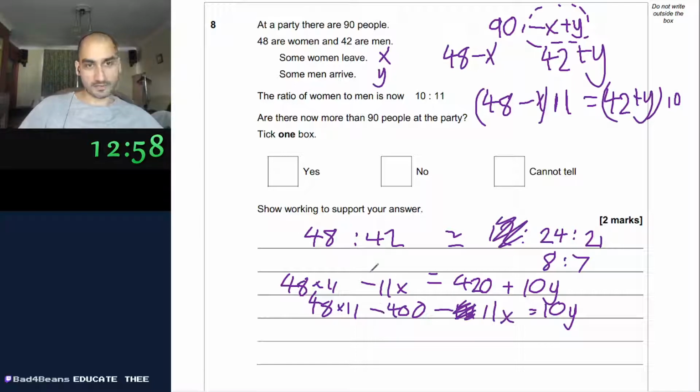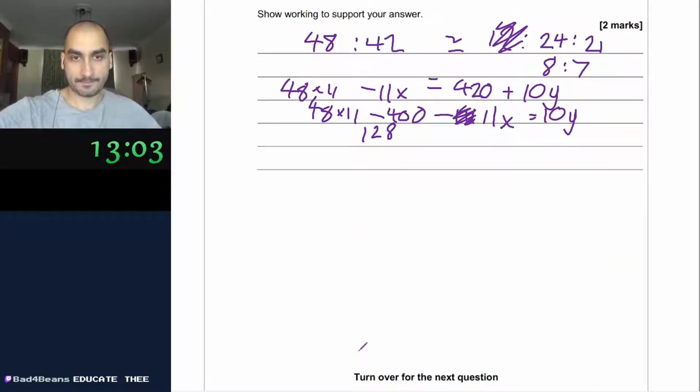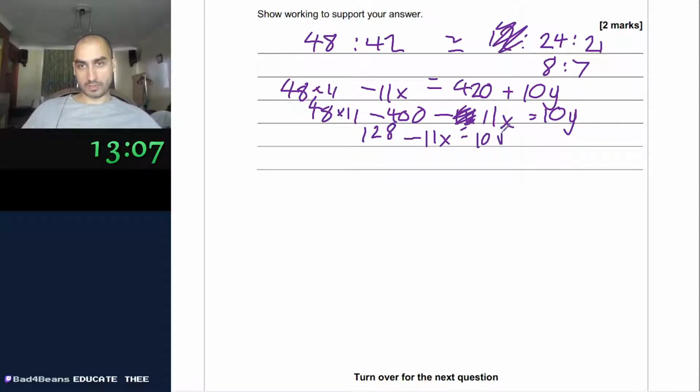Not bad for beans. 128 minus 11x equals 10y. So y equals 12.8 minus 1.1x.